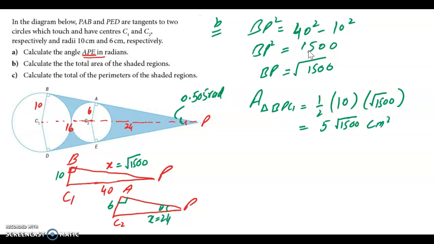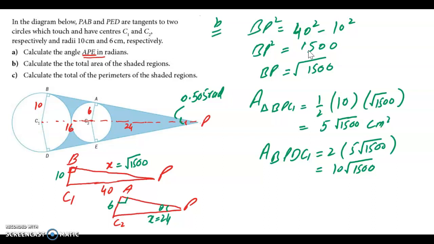Since we have two similar triangles, we need to double this to find the area of the kite BPDC1, so this becomes 10 square root of 1500.